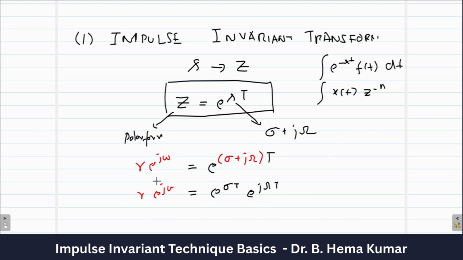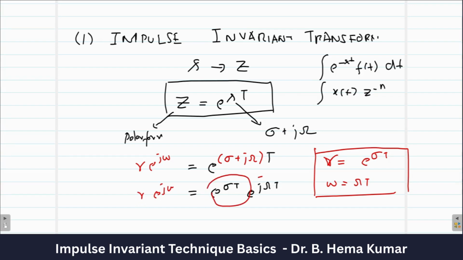If you compare these two, we get r equal to e power sigma t, and omega equal to omega t. r is the magnitude and this is the angle part, in polar form. So we can calculate omega equals omega t. This is the observation we have got.